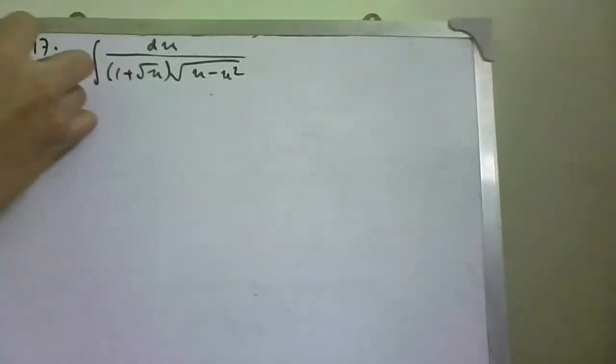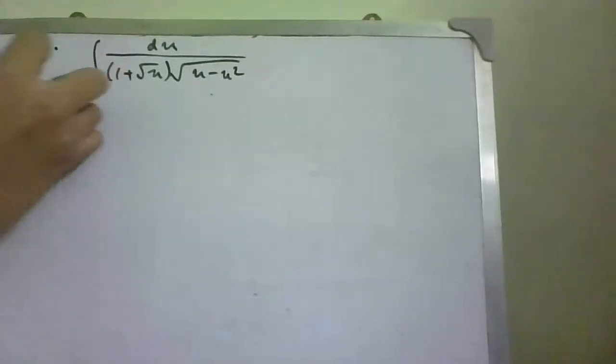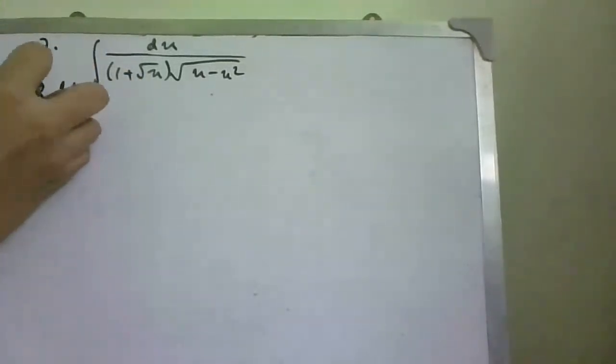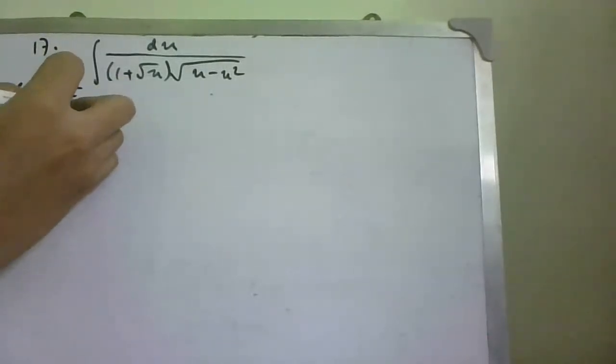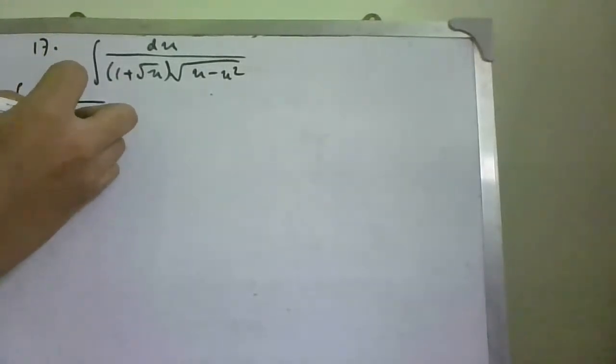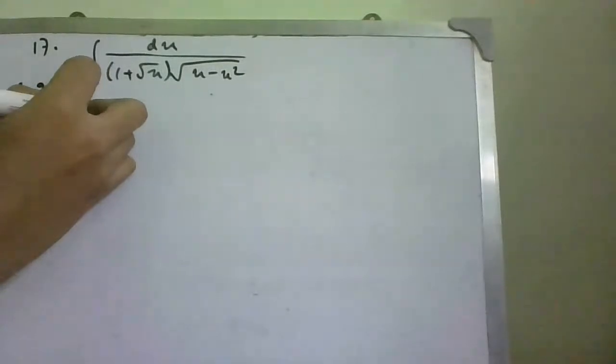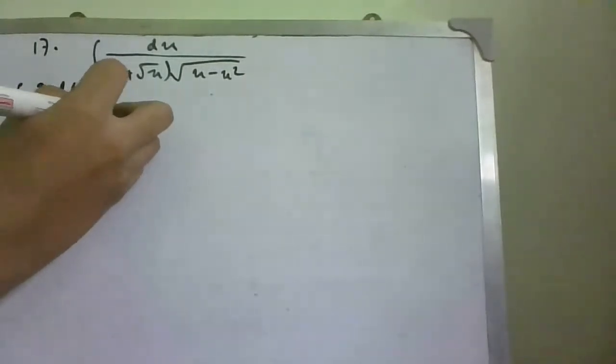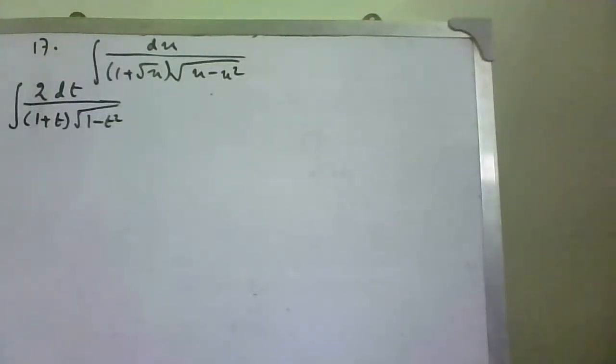So 2 dt over 1 plus t times root of 1 minus t squared. Okay.